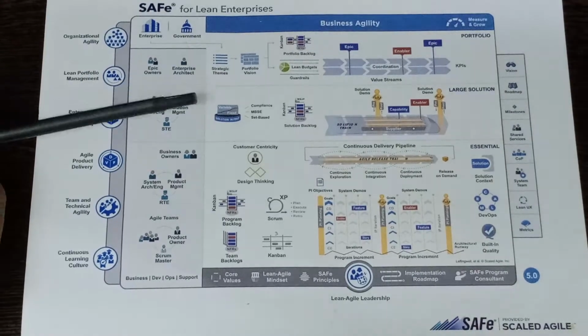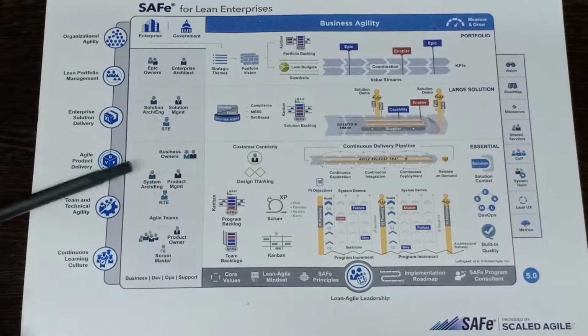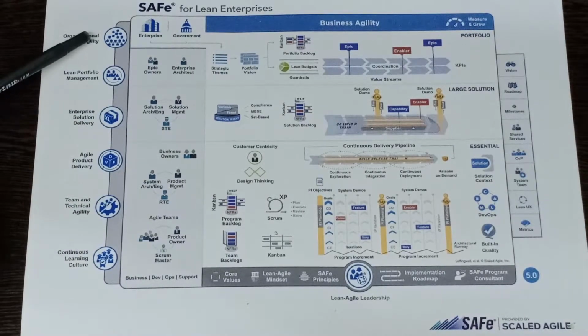So what you're seeing here is SAFe 5.0, the complete architecture. And I will explain the important components of this particular framework. What you're seeing on the left side, these are what we call the core competencies.